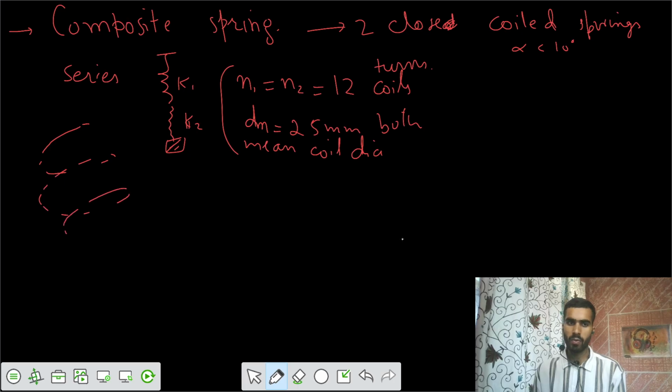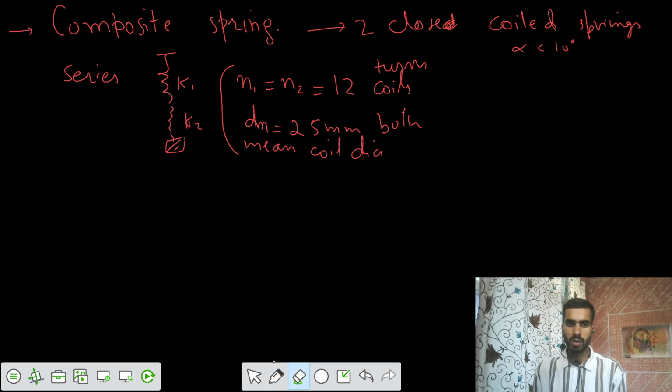One spring might be in this fashion, and after that there is one more spring of some smaller diameter, but how can you have the mean diameter same?